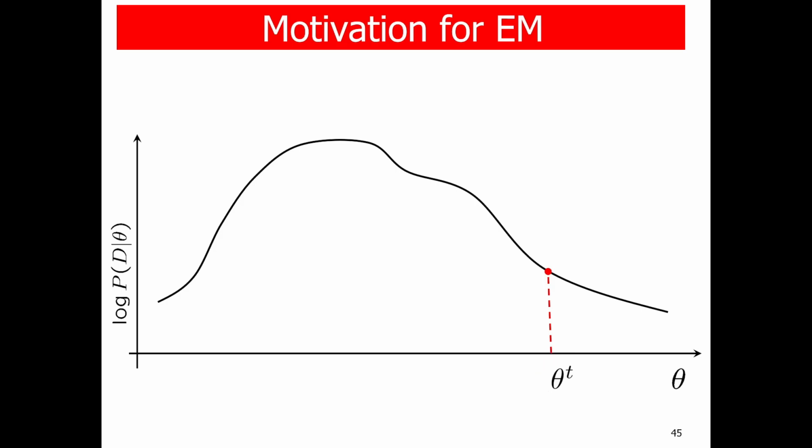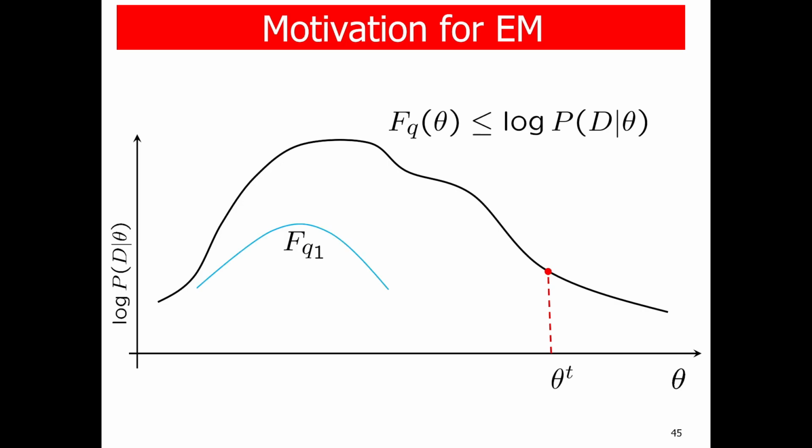In the next iteration, we want to create a theta t plus 1 that will be better than the current theta t. We will create another function F that will be a lower bound on the log likelihood function. This function will have a parameter Q, and function F is constructed in such a way that for any parameter value Q, F(Q, theta) is always smaller than or equal to the log of the probability of our data given theta, that is the log likelihood value at theta.